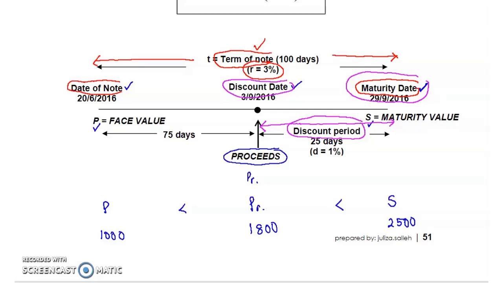For the discount period, the rate that we use will be the bank discount rate. So this one is the simple interest rate, and this one is the bank discount rate.